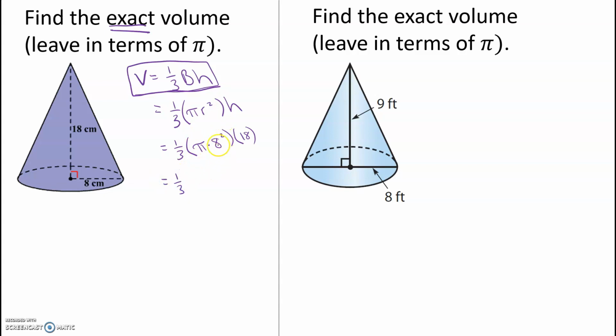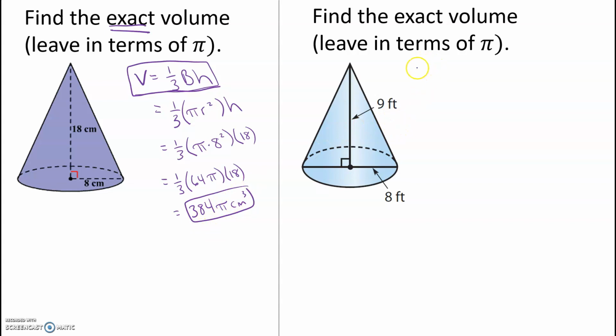So we've got here 8 squared is 64. I'm going to leave that pi in there, and I'm going to do everything but pi. So I'm going to do 64 times 18 and then divide by 3. And I get 384 pi centimeters cubed. So again, this is exact, or leave in terms of pi.